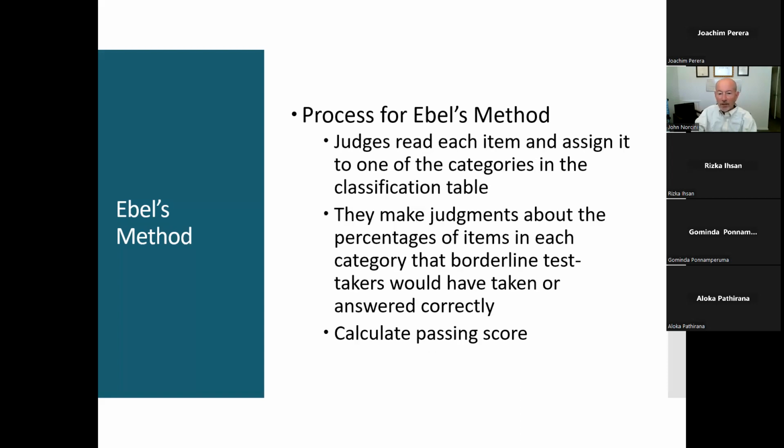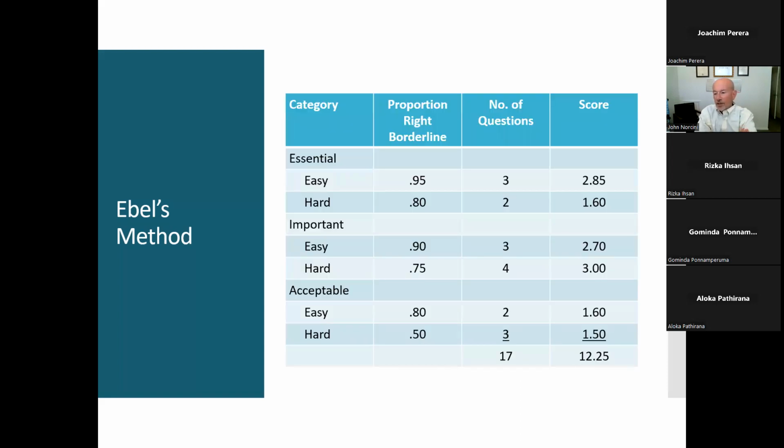And let me skip through. I think it's easier to look at the table than it is to try and present this abstractly. So in the first column, you see category. And what this group of judges decided to do before the test was given is to take each item and put it in a category.